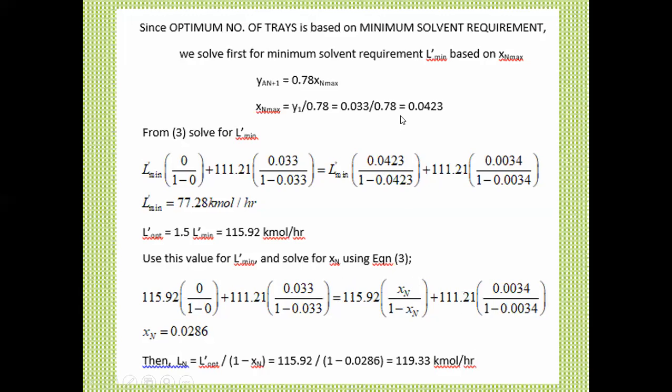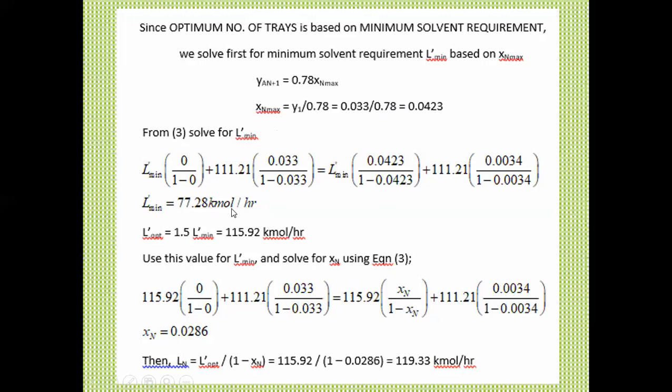Remember, class, that this X sub n is a representation of the concentration of the maximum amount of ethyl alcohol that your solvent water was able to recover. Now, if we increase, and this particular mole fraction is based on this minimum solvent.